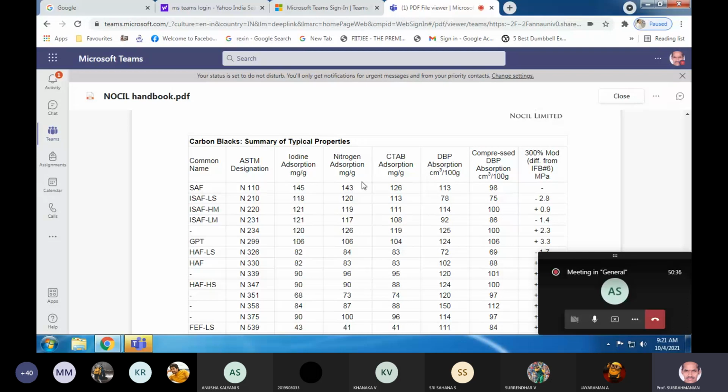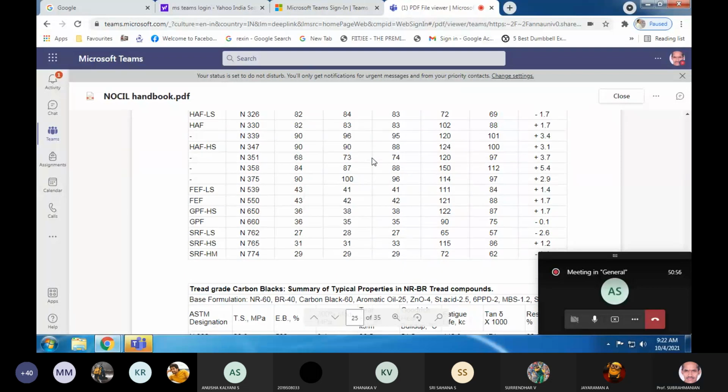So for silica, CTAB gives a good measure. And for carbon black, often it is not specified, but this particular standard covers this CTAB. Okay, fine.